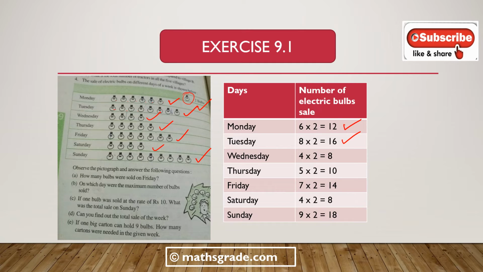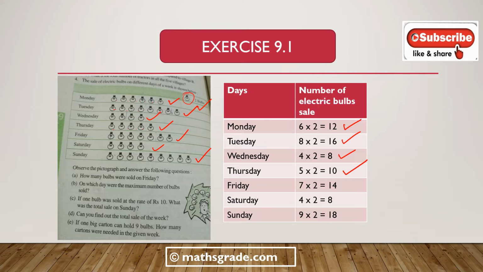One pictograph image is 2 bulbs, so 4 multiplied by 2, that is 8 bulbs were sold on Wednesday. On Thursday there are 5 bulb pictograph images, so 5 multiplied by 2, that is 10 bulbs were sold on Thursday.